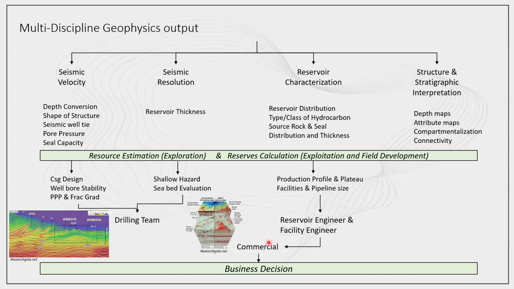All of that is then given to the commercial team, who use it for the business decision across the whole value chain, when we need to stop, when we need to continue. So if we are in the exploration phase, using the seismic across that chain, based on the business decision, do we need to continue or to exit?